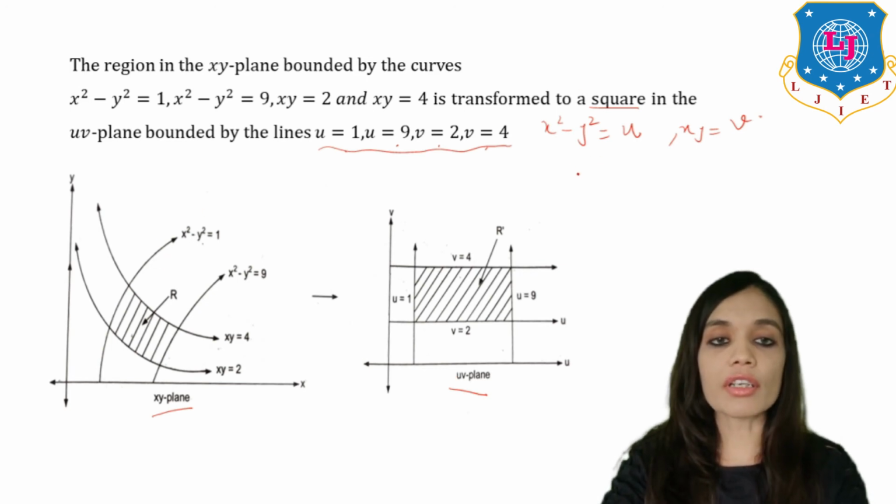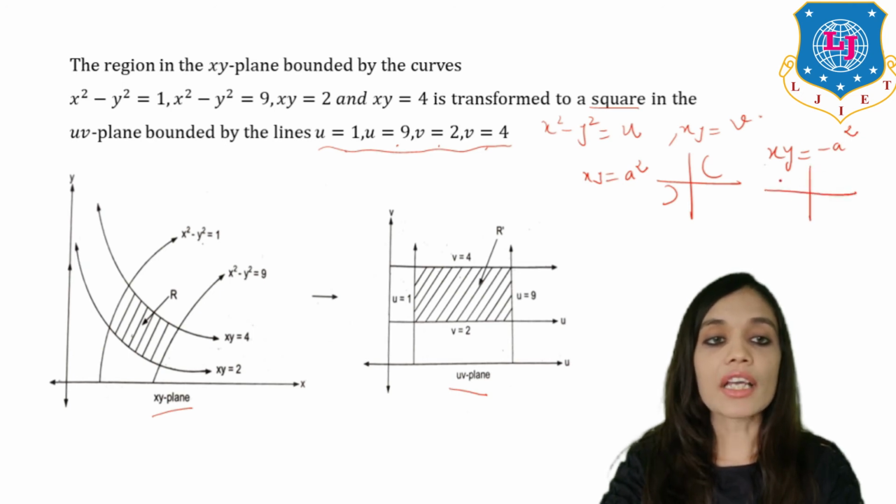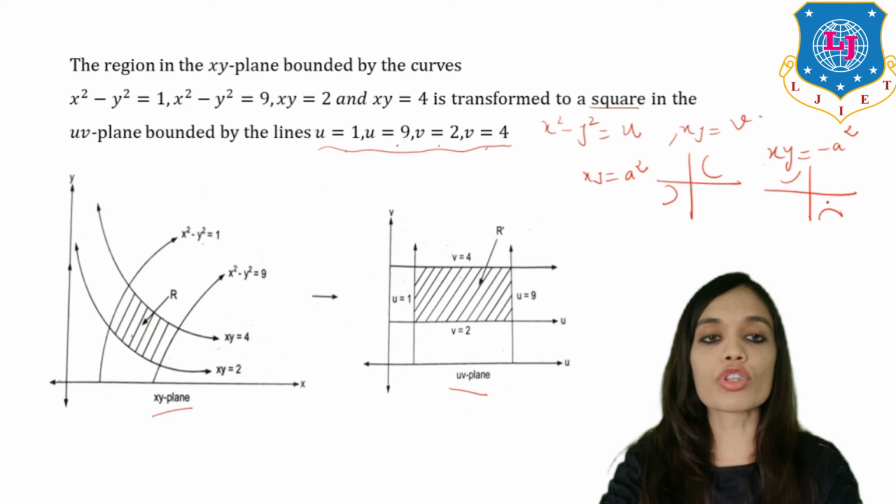Now if you are given your equation of the hyperbola as xy is equal to plus a square, right? Then it will be drawn in the first and third quadrant. Similarly, if you are given the graph as xy is equal to minus a square, right? Then the hyperbola will lie in the second and fourth quadrant.